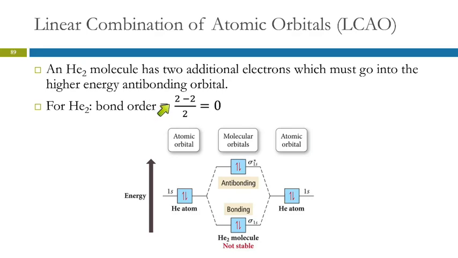It's the number in bonding orbitals, that's these two, minus the number in antibonding orbitals, those two. 2 minus 2 is 0, divided by 2 is still 0. The bond order is 0, which predicts that the He2 molecule doesn't form. And it doesn't. Any questions?